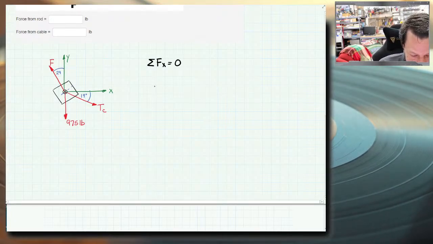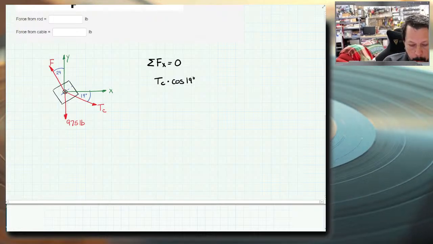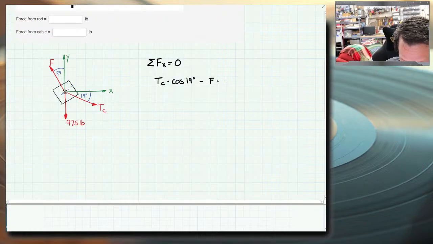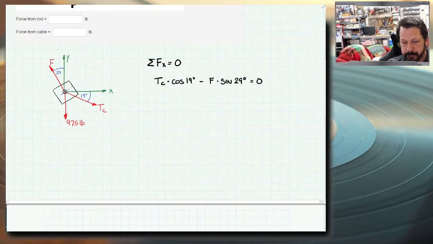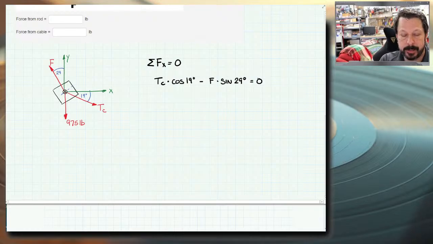So in the x direction, I've got TC times the cosine of 19 degrees minus F times the sine of 29 degrees. And those have to add to 0, or else the free body is moving in the x direction.